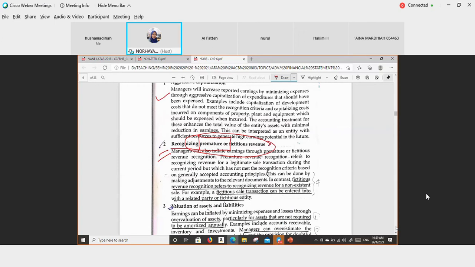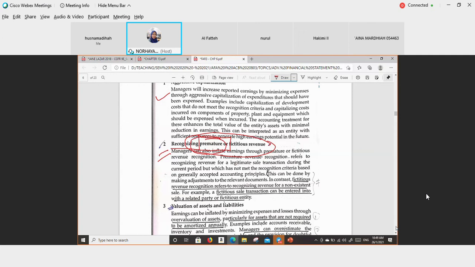Pramatang, kalau baby pramatang kat umur. Yang tak sepatutnya, yang belum wujud. Revenue yang belum wujud tapi dia wujudkan. Dia mewujudkan sales yang tidak-tidak lah, dia fake sales. Atau bukan, pramatang ni dia mungkin ada tapi you should record next year but you recorded this year.